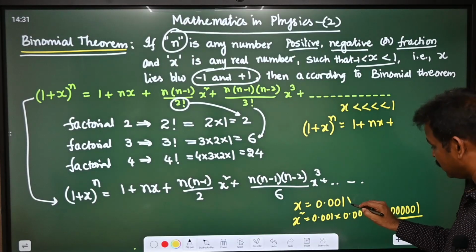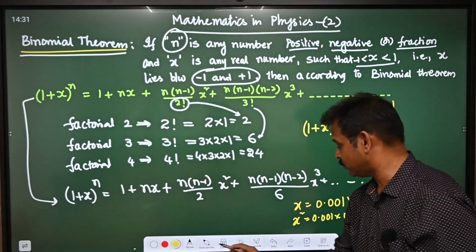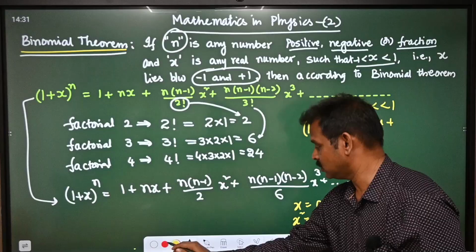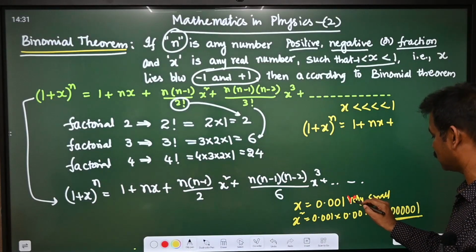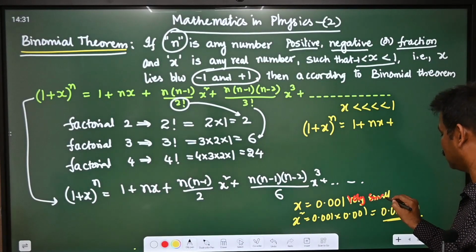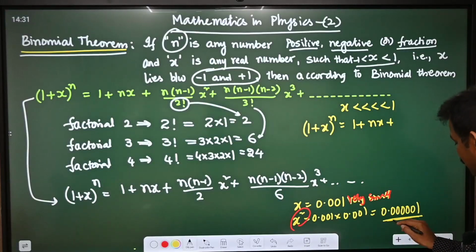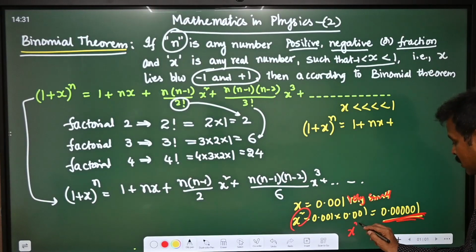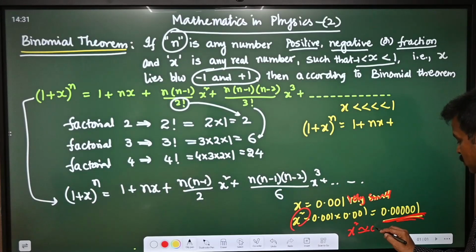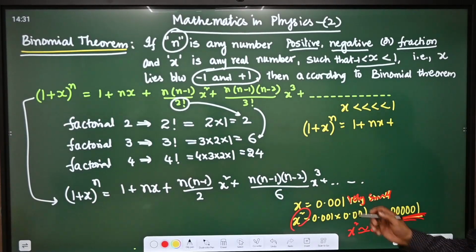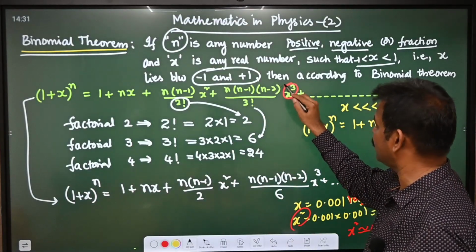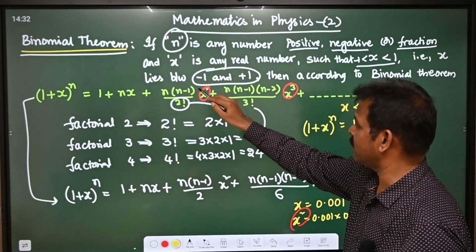So if x itself is very small, then x square will be very small. So we can consider this x square nearly equal to 0 because this value is very small. That's why in this expansion, this x cube will be very small, x square will be very small.